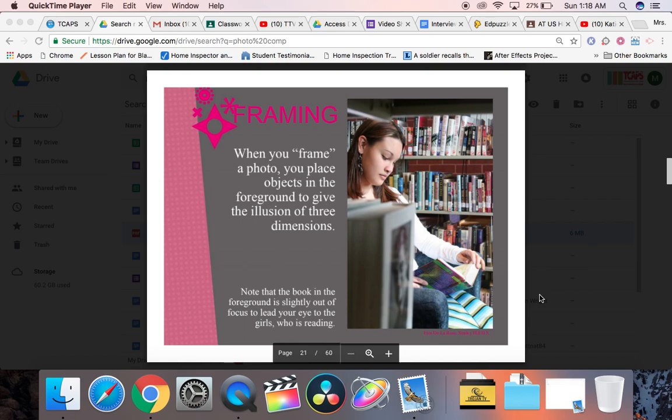So this photographer didn't go up to this young lady and say, "Hey, Sarah, will you stop reading and turn over here so that I can get this frame of you with this book?" No, this photographer looked at the surroundings, saw the bookshelf, moved to the other side of it, and made the choice to take the photograph so that they used the bookshelf to frame her face.